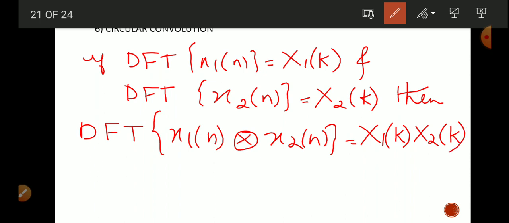That means on performing the circular convolution, DFT of circular convolution equal to multiplication of the DFTs. Here DFTs are of X1 of k and X2 of k.